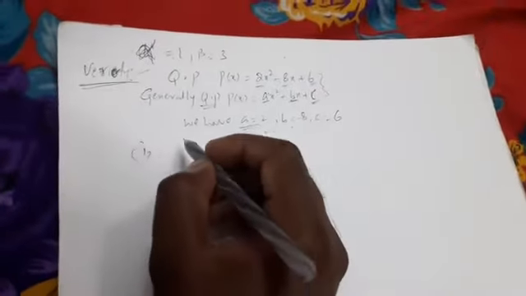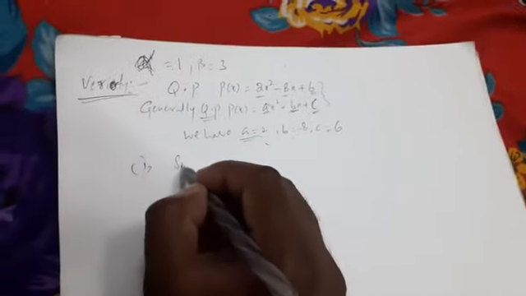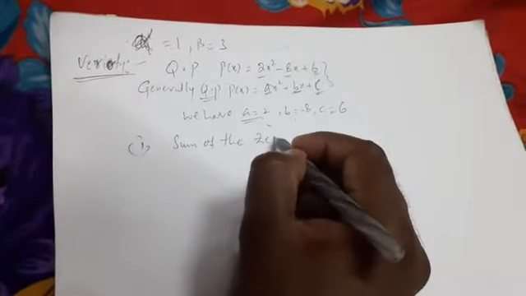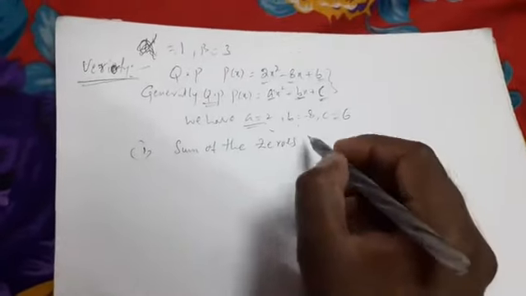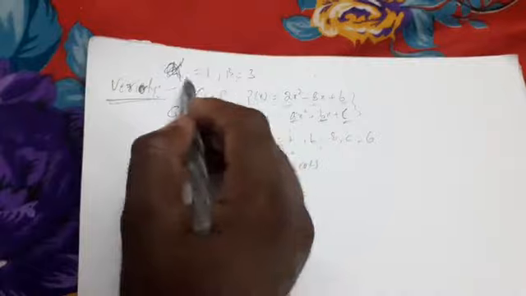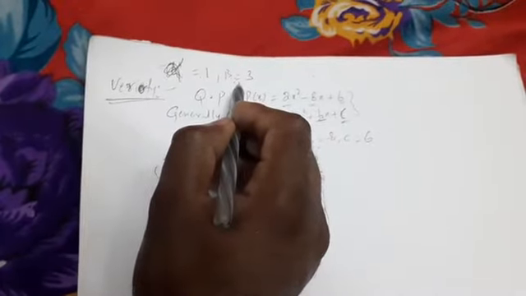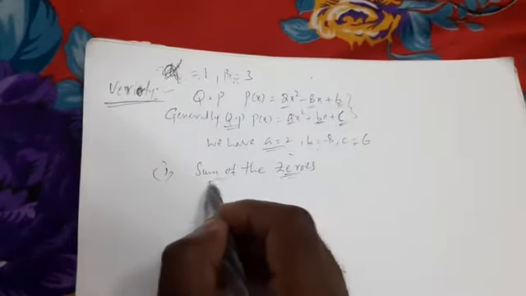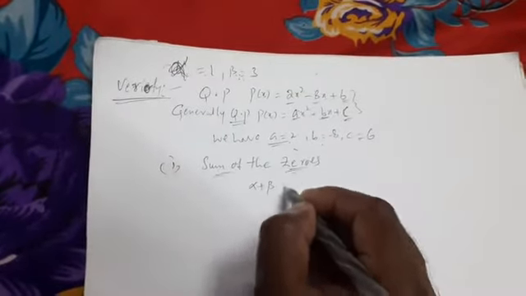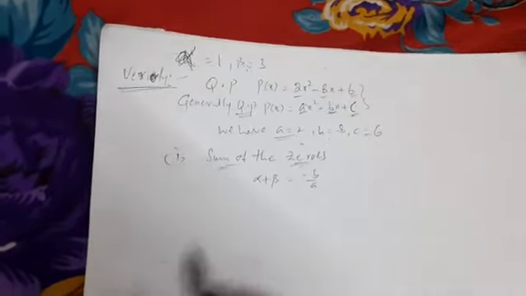What we see is the sum of the zeros of the polynomial. Alpha and beta are the 2 zeros of the quadratic polynomial. Sum is nothing but the addition of the 2 zeros. So alpha plus beta is equal to minus b by a, this is the formula.